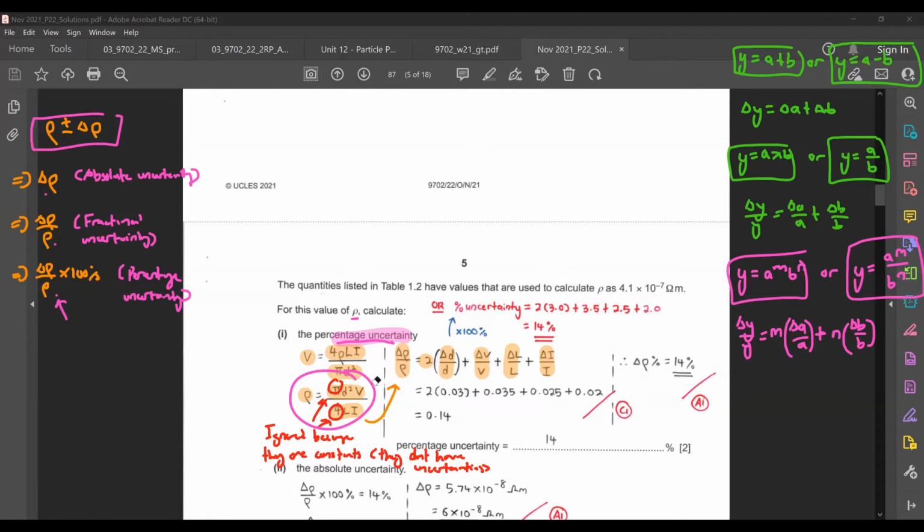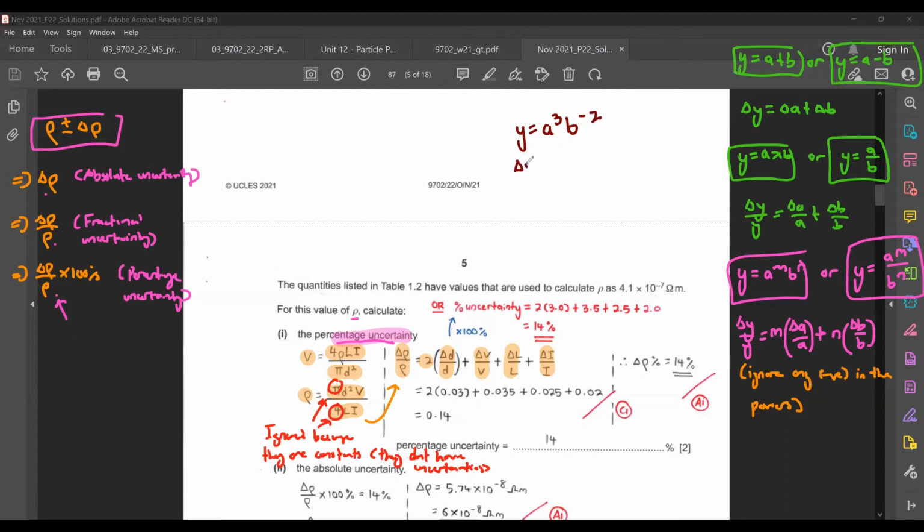Okay, one thing to note here also will be this. Ignore any negative in the powers. What we mean by this is that sometimes you may get an expression that looks like this, where say y is a power 3, b power negative 2.